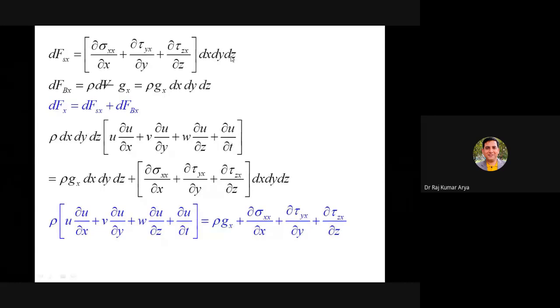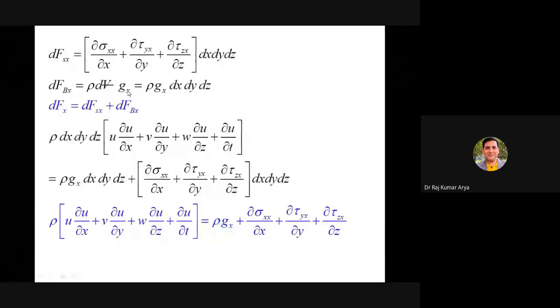How would I calculate that? If I know its mass, and I multiply by the component of g in that direction, I will get the body weight component in that direction. So the body weight component in the x direction: rho dV is your mass, multiplied by gx, the component of g in direction x.